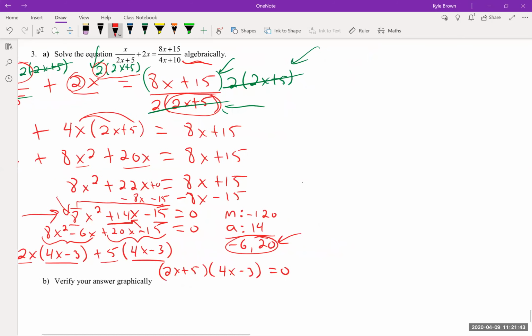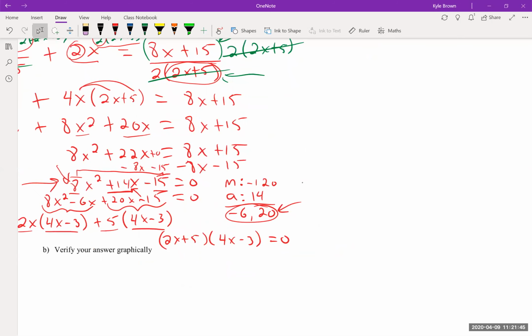All right, so from here, it's not quite as obvious again. I can make our own little equation out of this. I want to say, for 2x plus 5, what is x to make this 0? So 2x plus 5 is equal to 0.